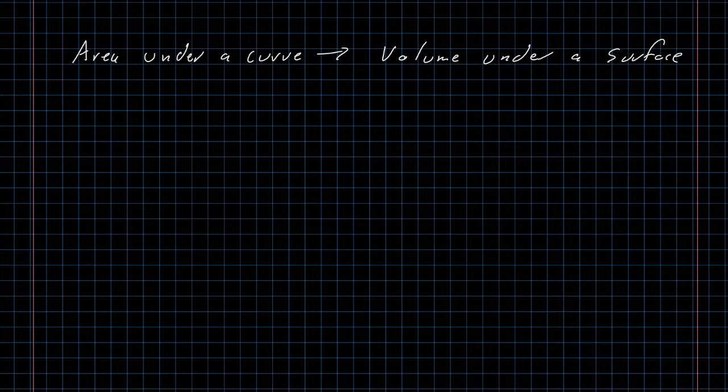Now, with that idea in mind, let's go onward to things that we couldn't do with the rules for finding the area of a region on the plane that we've had before. In Calc 1, you learned about the integral as calculating the area underneath a curve.